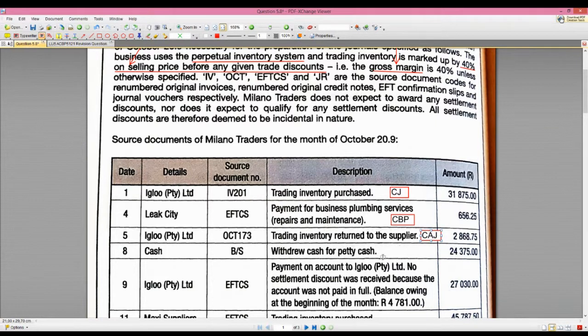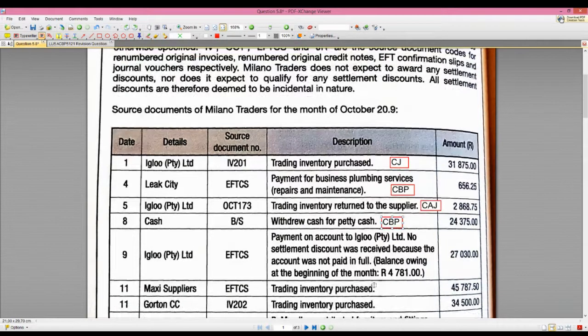Then on the 8th, we withdrew cash for petty cash. So this would be your cash book payments. We took it out of the bank account. And then on the 9th, we've got an EFT CS payment on account to Igloo. No settlement discount was received. So this is just a normal payment, so your cash book payments.